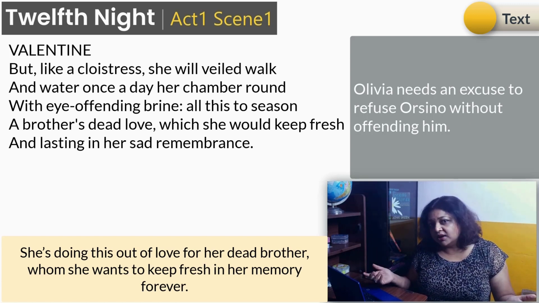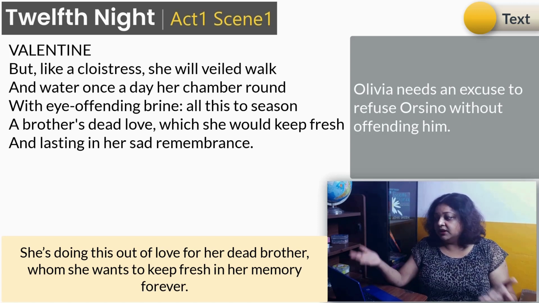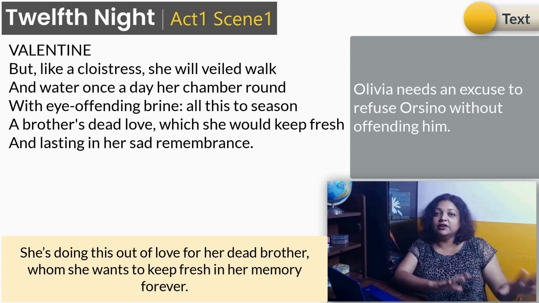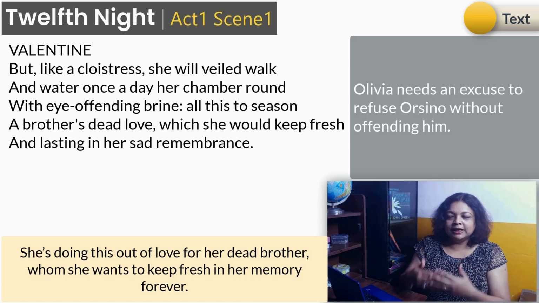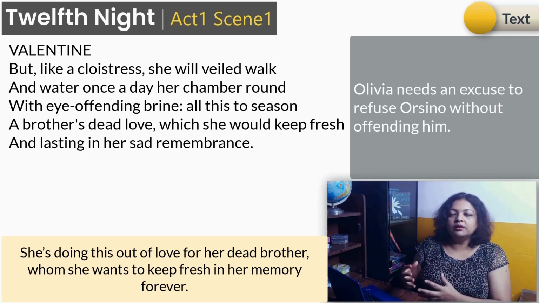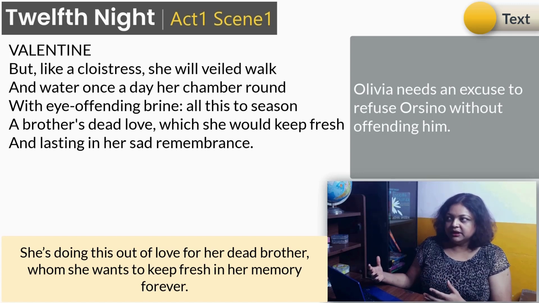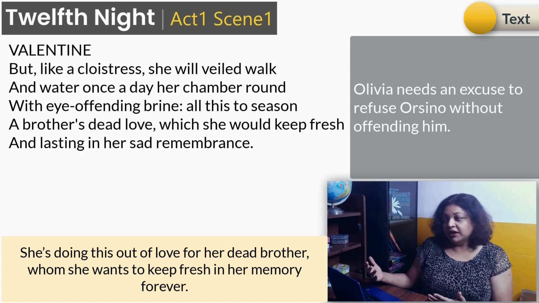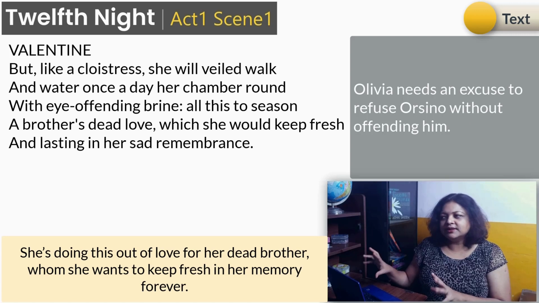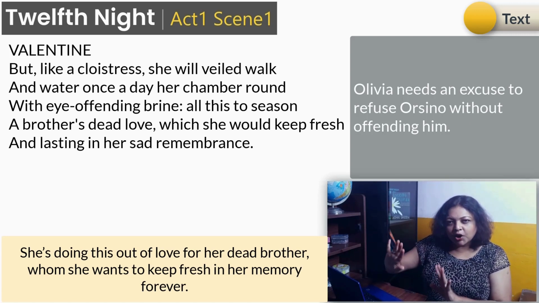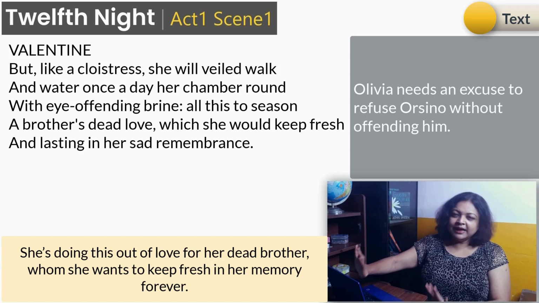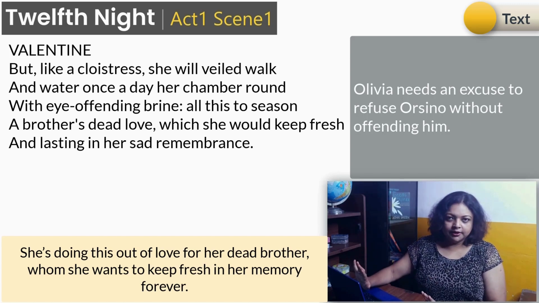But you can't tell that to a duke. Especially, see, what's Olivia's situation? Her father is dead, her brother is dead. So she cannot afford to turn this duke into an enemy by offending him, by refusing him. So this is kind of an attempt to somehow keep him away, yet not offend him directly.